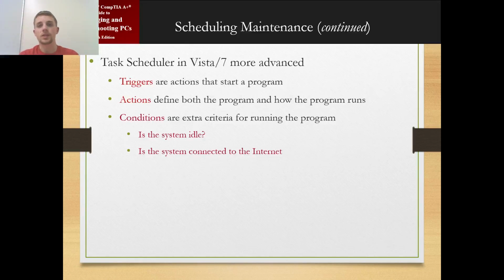And conditions is anything that you want to happen before or after the program runs, or with the program. So maybe the program is command prompt and you want it to run a ping. You could use a condition for ping.